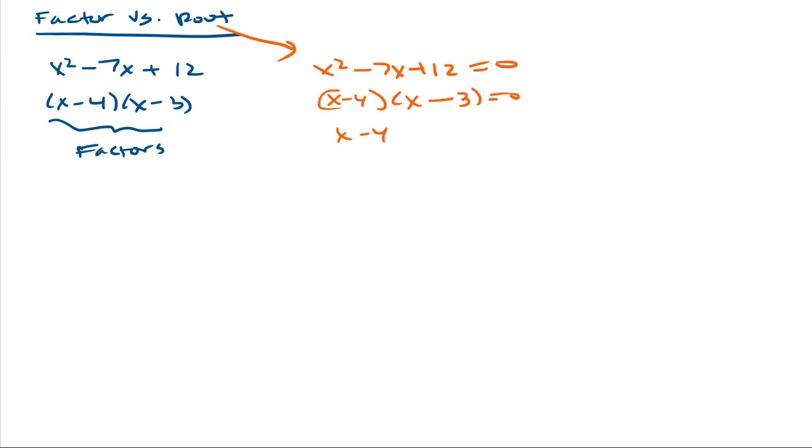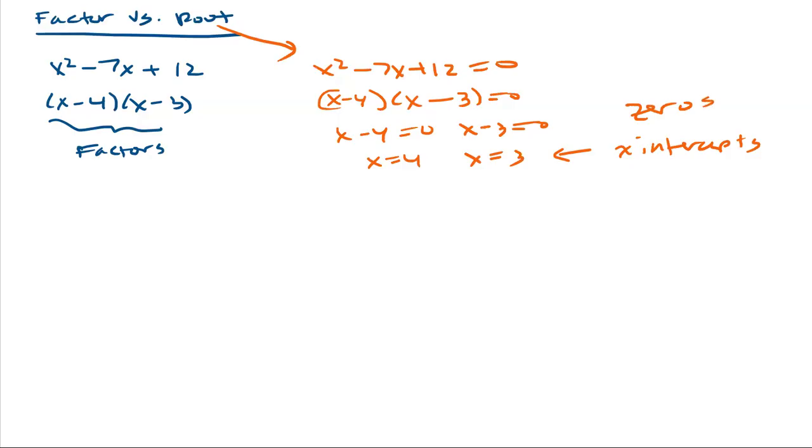So when we solve this, we get x equals 4 and x equals 3. These are your x-intercepts. They're also called zeros.